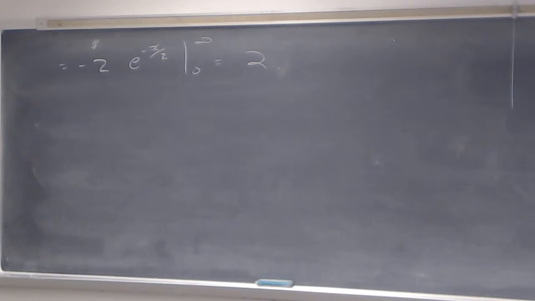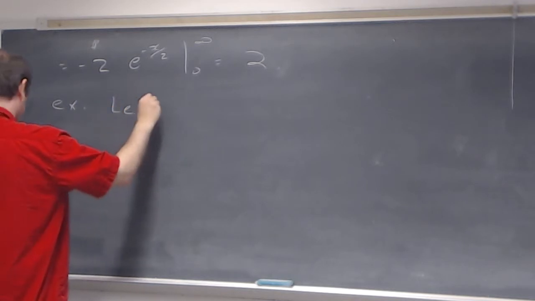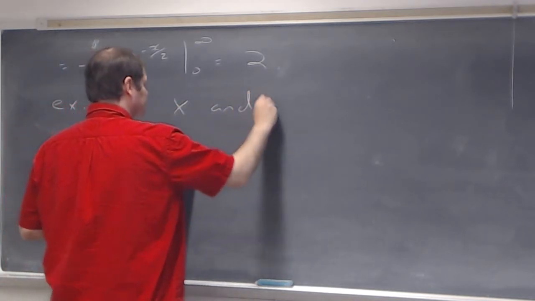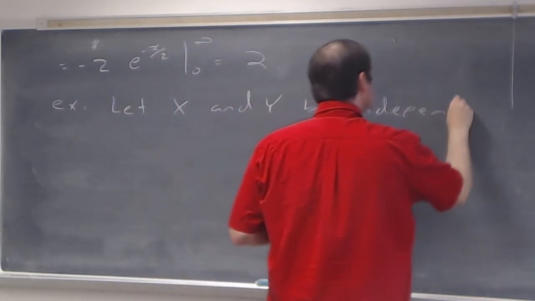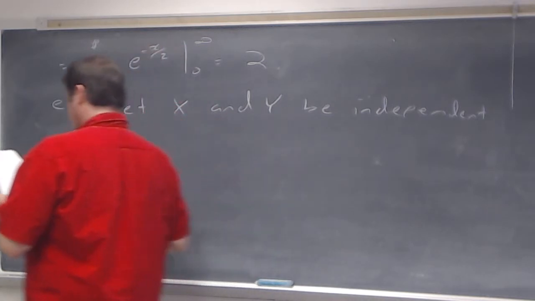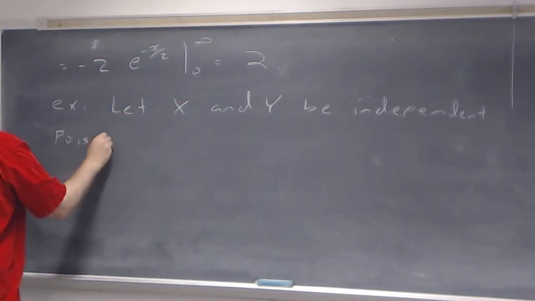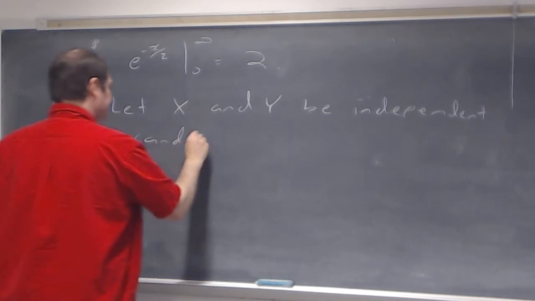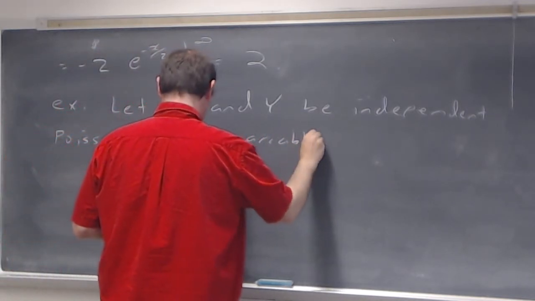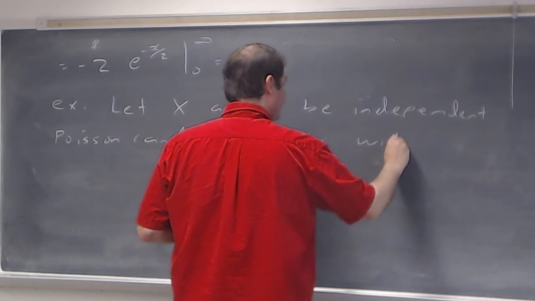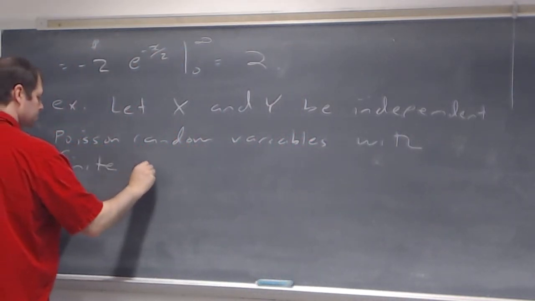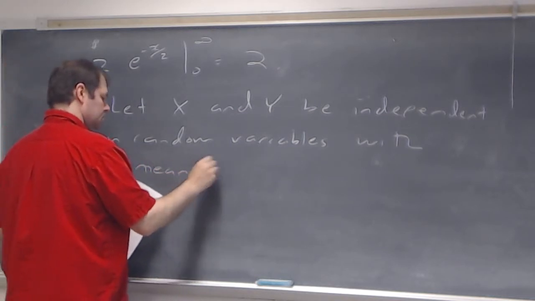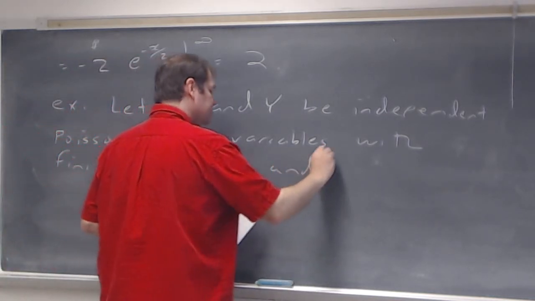Okay, I want to look at another example. I want to let x and y be independent Poisson random variables with finite means, so these are its parameters, lambda 1 and lambda 2 respectively.